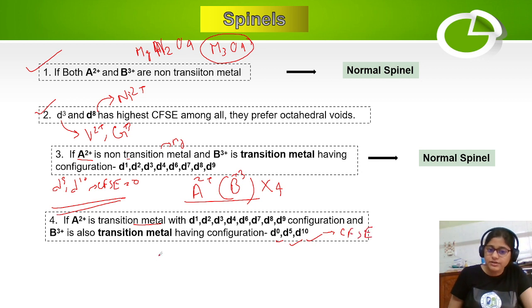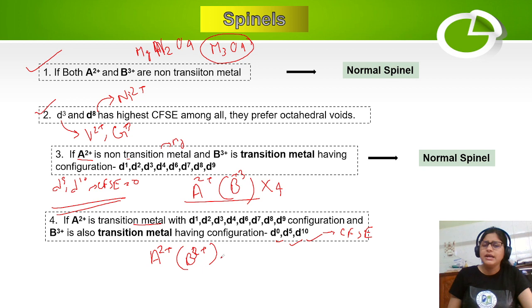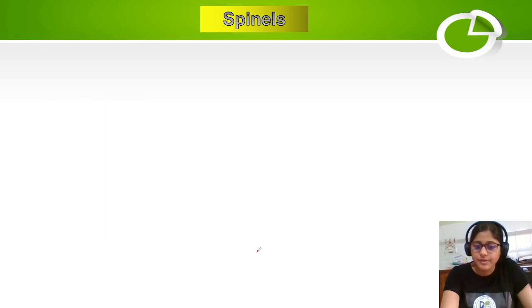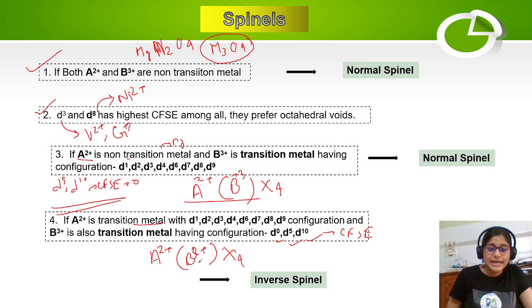So inside the octahedral void, A2+ is a transition metal having non-zero CFSE value, and B3+ is a transition metal but having a configuration where the CFSE is 0. That time what will happen? It will obviously be inverse spinel, because inside the octahedral void there is no CFSE, if it goes inside, it will gain some CFSE in octahedral field, right? So the exchange will happen.